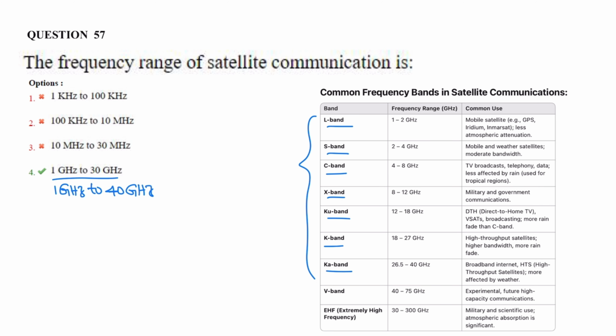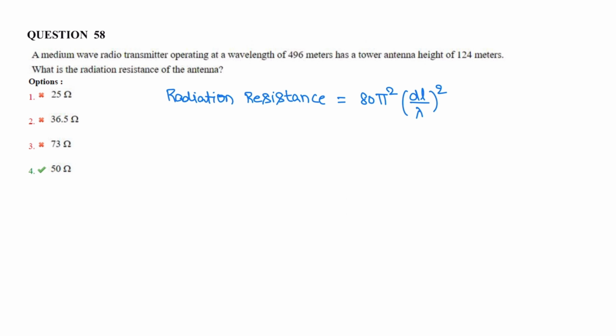Correct option is 4. A medium wave radio transmitter operating at a wavelength of 496 meters has a tower antenna height of 124 meters. What is the radiation resistance?